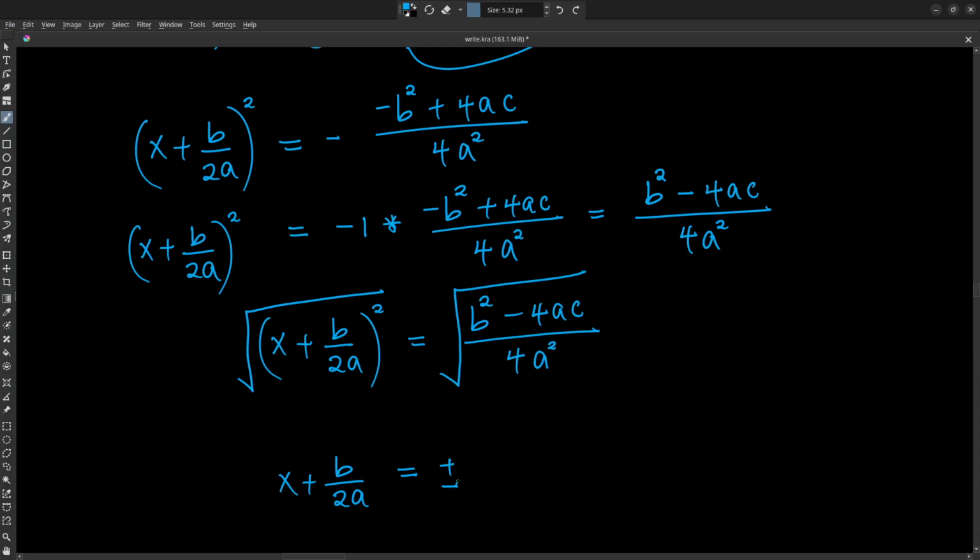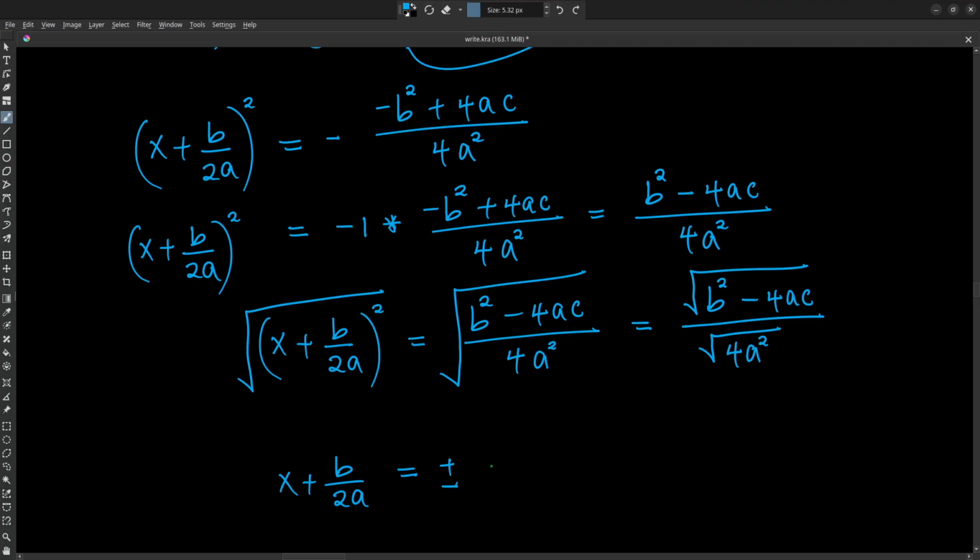And then remember again, when I tell you to find the square root of a fraction with a numerator and a denominator, this is the same as we first find the square root of the numerator, in this case b squared minus 4ac, over the square root of the denominator, in this case 4a squared, right?